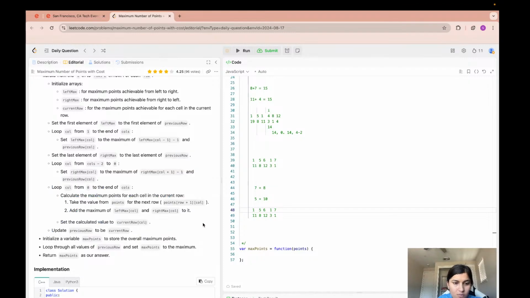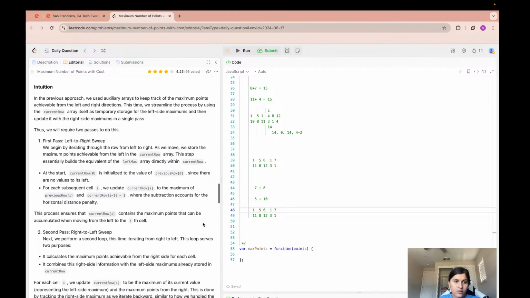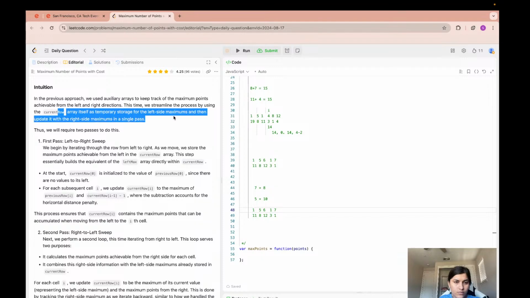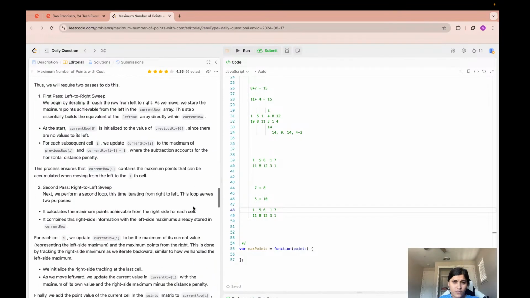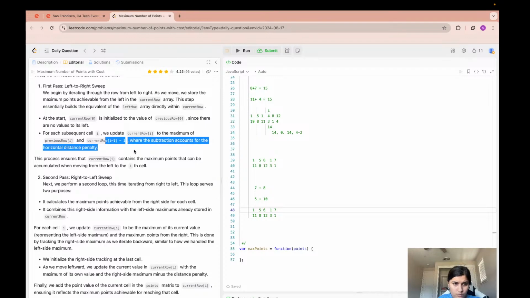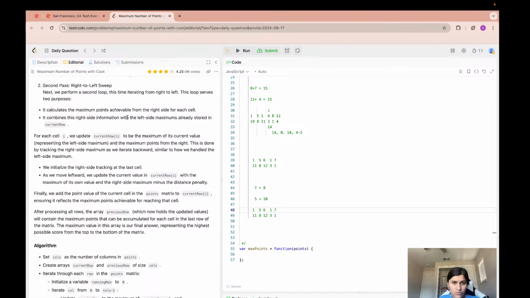Yeah, this is exactly what I thought. It combines the right side information with the left side maximums.